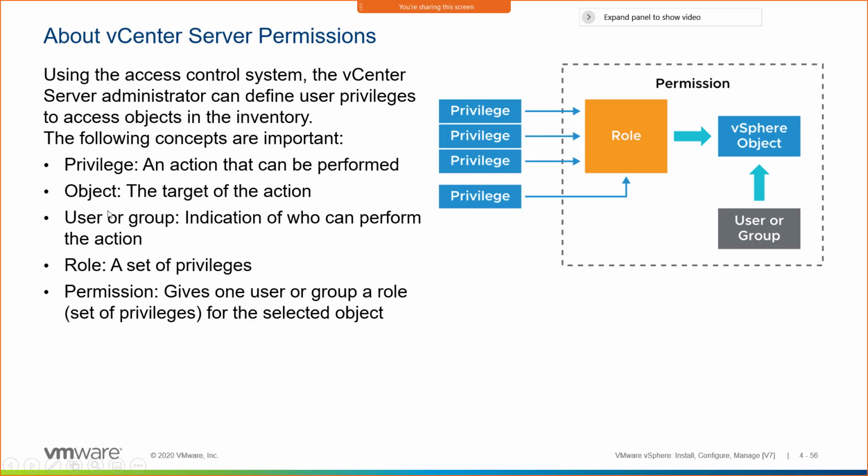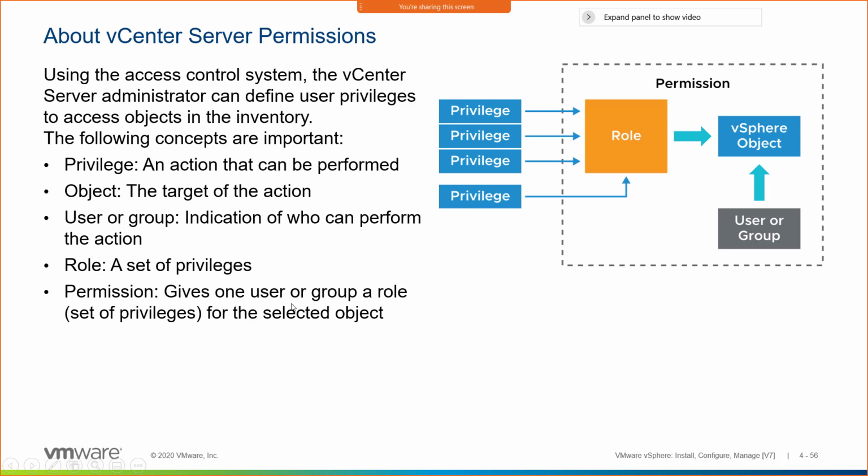Okay. Object could also be a resource, a virtual machine, a host. Role, a set of privileges. So when you collect privileges together: a virtual machine can be started, restarted, and shut down, a VM can be deleted as well, imported and exported. These are all the privileges, and you can collect them into a role.